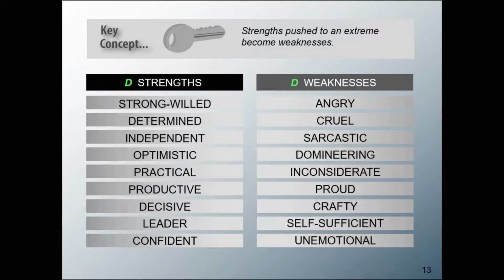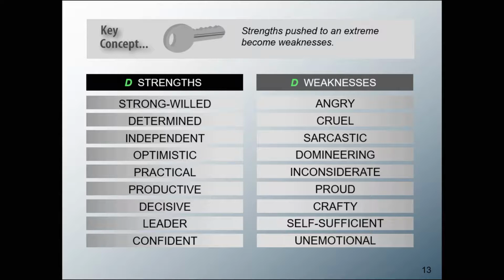So it's important that we understand that our strengths, if not controlled, can be perceived as completely the opposite. So a determined person, for example, could be seen as being angry all the time, cruel, or domineering, or not emotional.